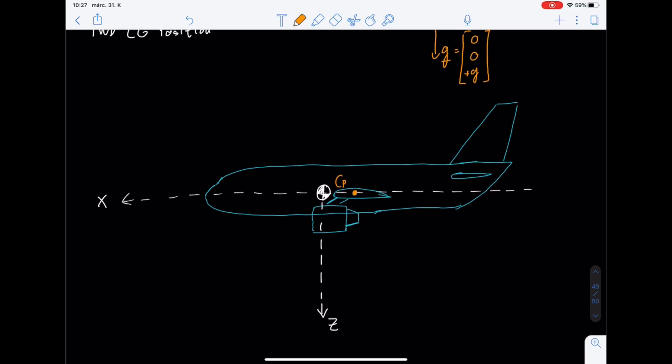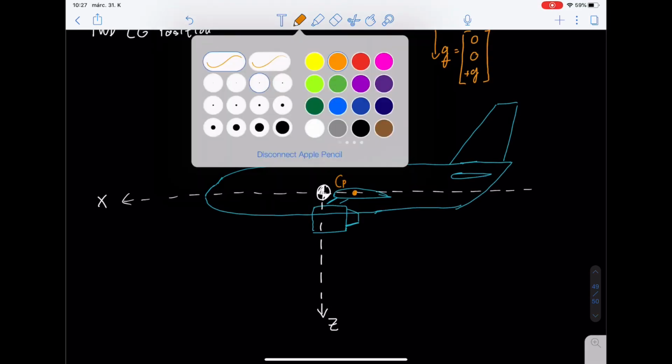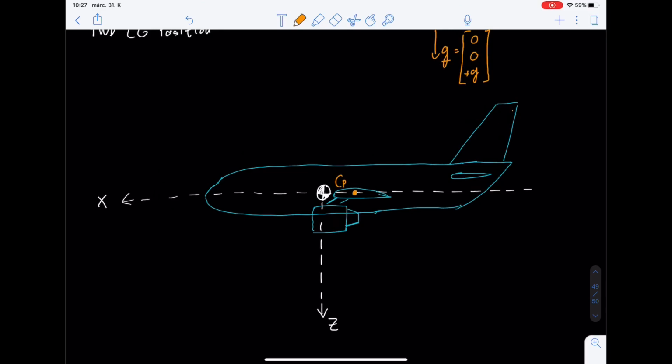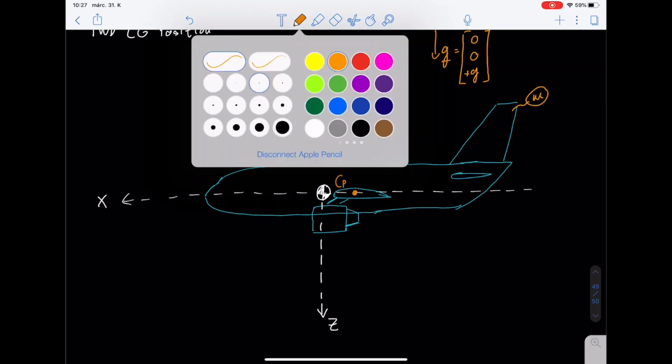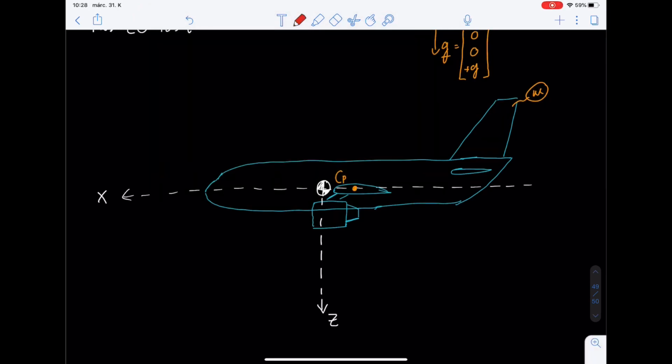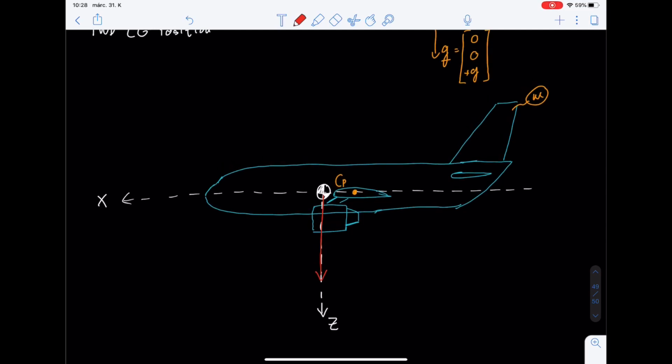Okay, so in this case, if the aircraft of course has a given mass, and if you have a gravitational acceleration, in that case you're going to have a weight of the aircraft, which is the mass times the gravitational acceleration, and this weight is going to act through the center of gravity in the vertical direction, right, in the cruising condition. So this would be your weight. Okay.